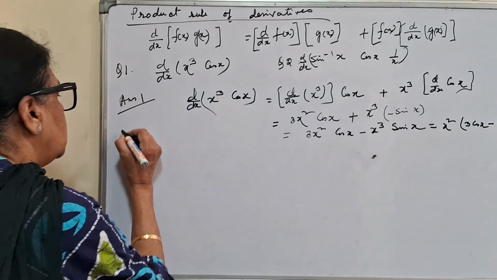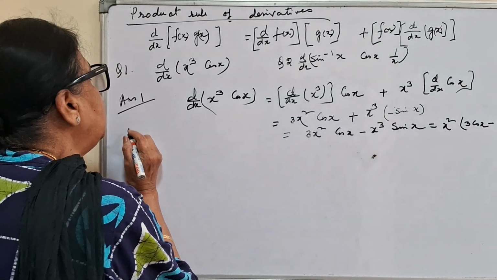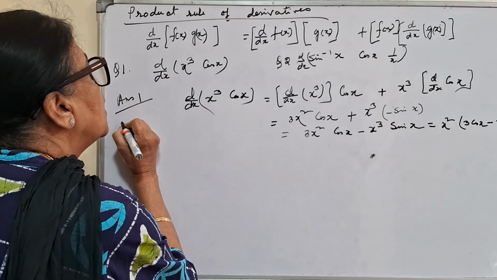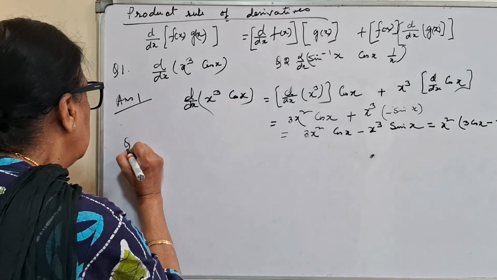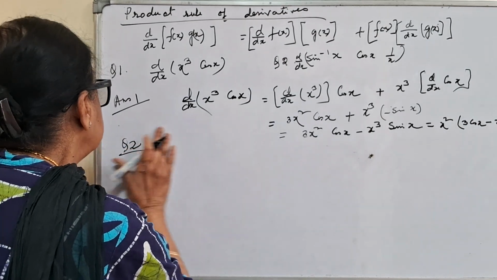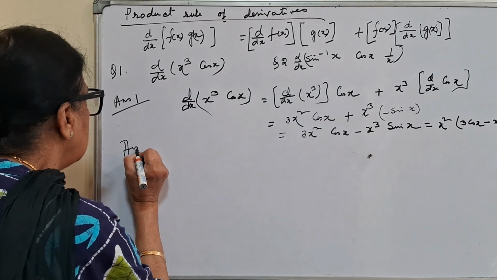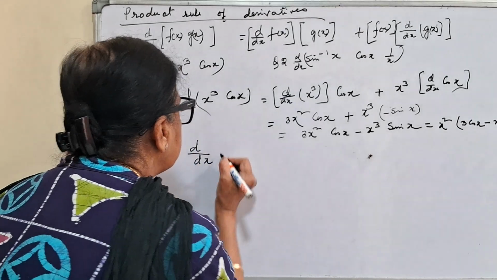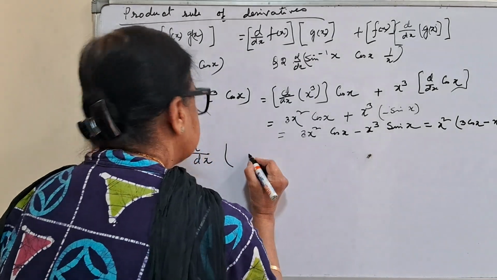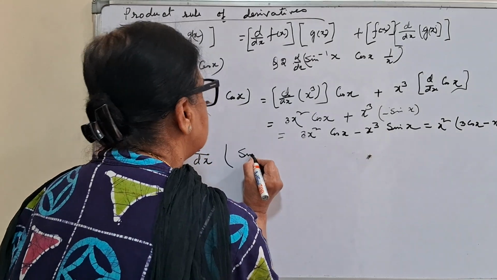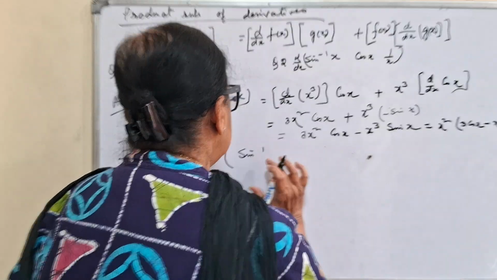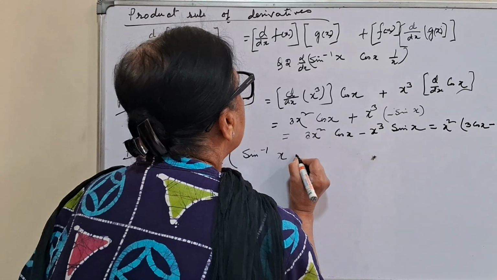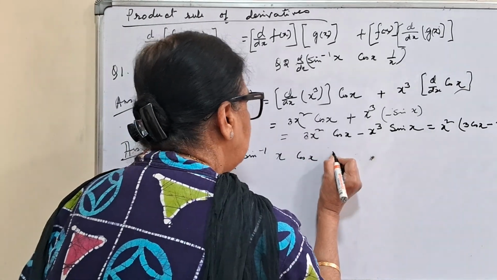Then question number 2 says to find the derivative of sin inverse x, cos x and 1 by x. It is not the question, it is answer 2: d/dx of sin inverse x times cos x times 1 by x.